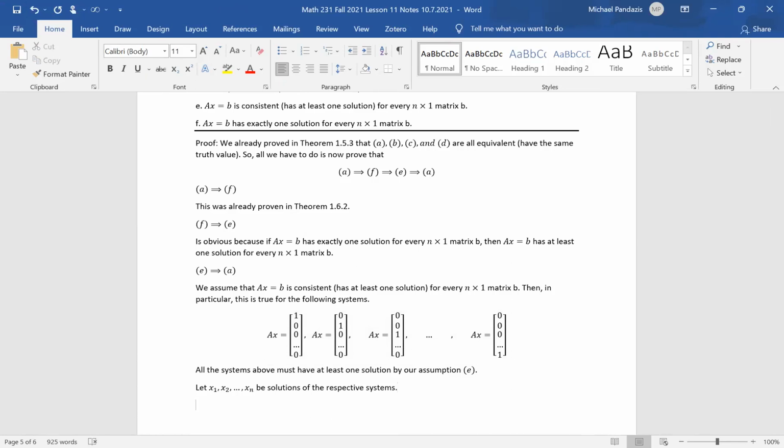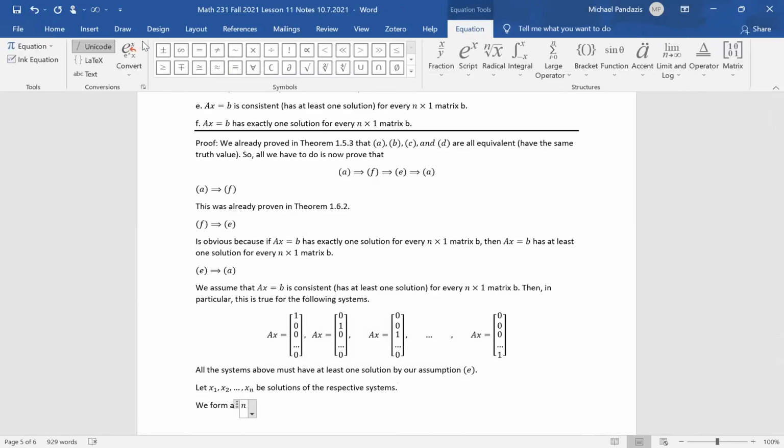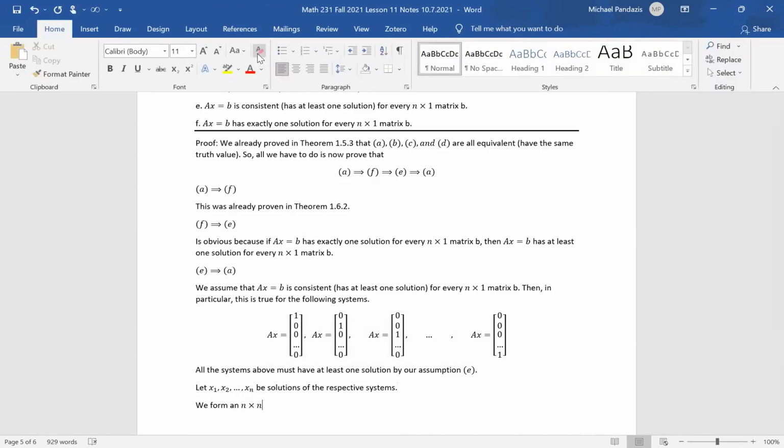Okay, so we form an n by n matrix having these solutions as columns. So x1 is the first column, x2 is the second, x3 is the third column, x4 is the fourth column, dot, dot, dot, xn is the nth column.